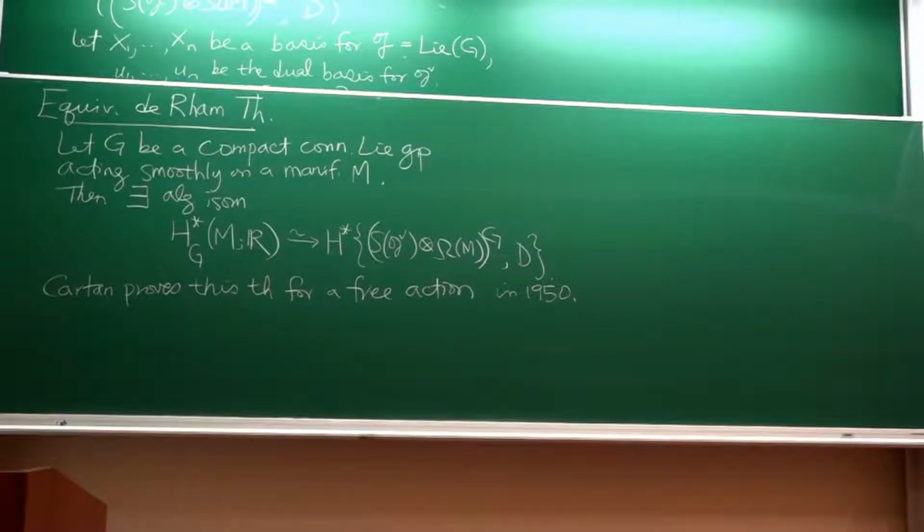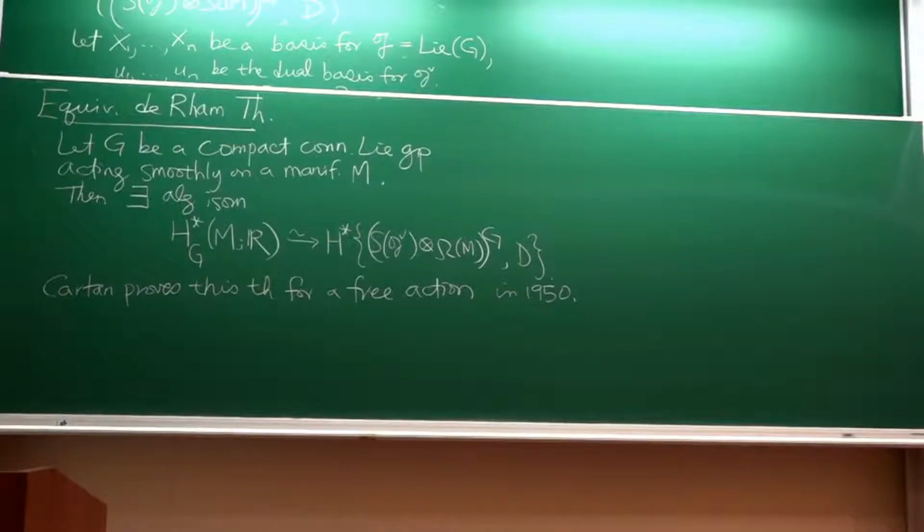Gilliman has a book with some co-authors, and in an appendix, he said you can prove this using the Mayer-Vietoris sequence. And again, Gilliman's book, that's just an appendix, and he didn't really have the details. He just said you can do this.